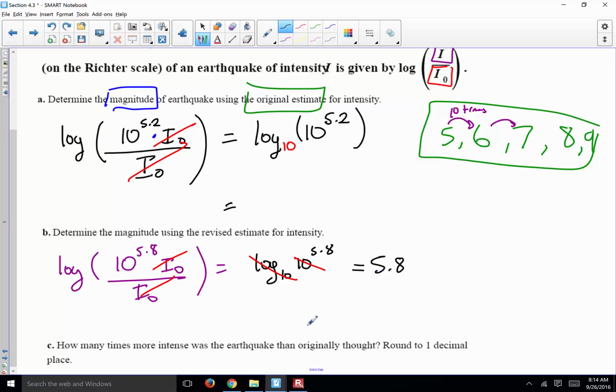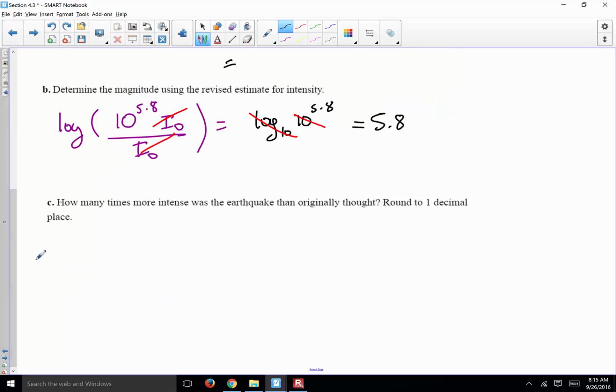Okay? So it's about 10 times stronger, not about 6 times stronger, this one. Just take the ratio of these two. That's what we are going to do. How many times more intense was the earthquake?